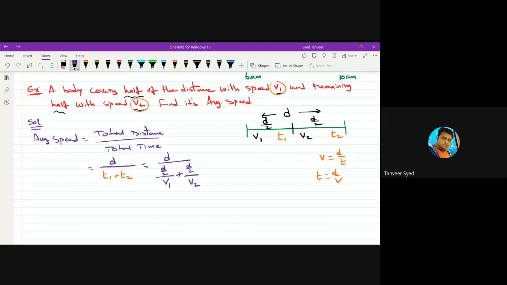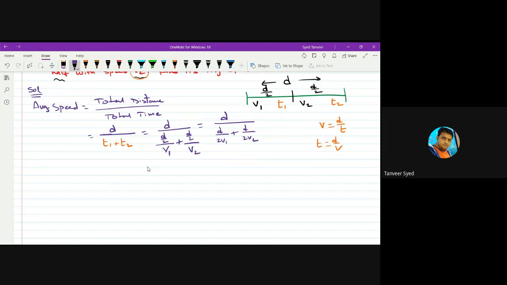Okay. Then this will be d by 2 v1 plus d by 2 v2. If we take d common, it will be cancelled. Then we will be left with 1 by 2 v1 plus 1 by 2 v2. And if I take LCM, it is 2 v1 v2.